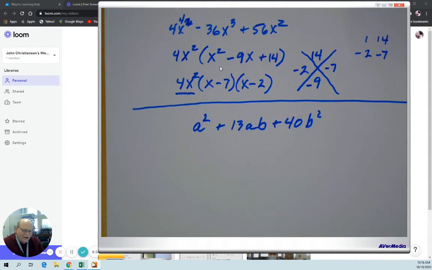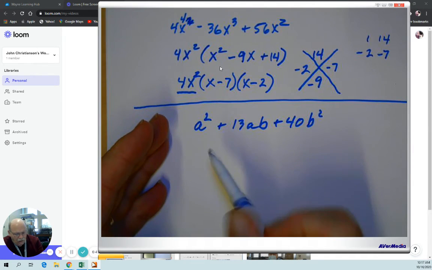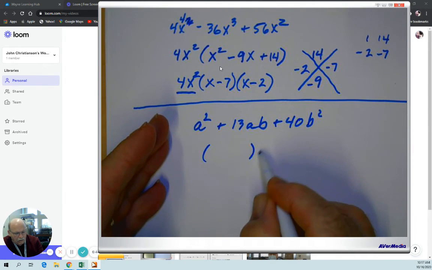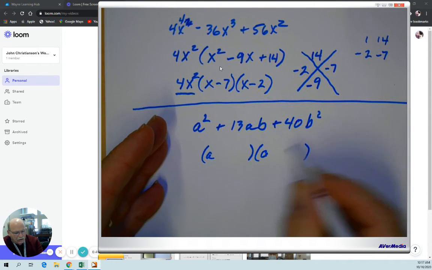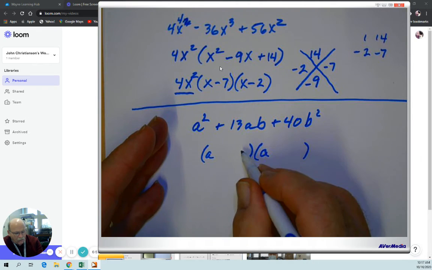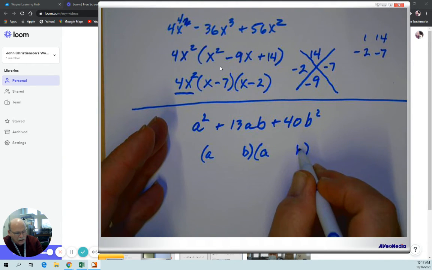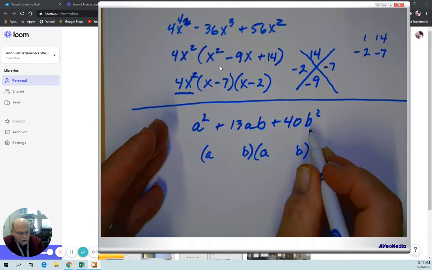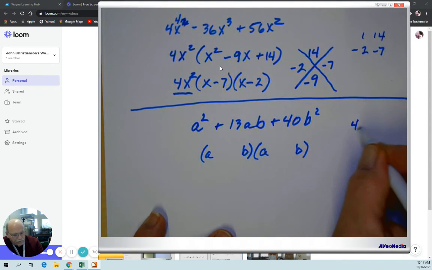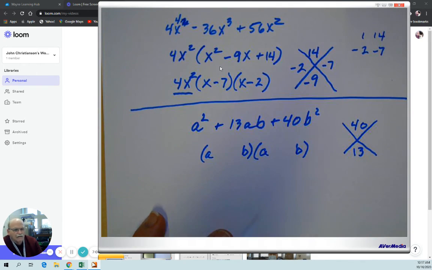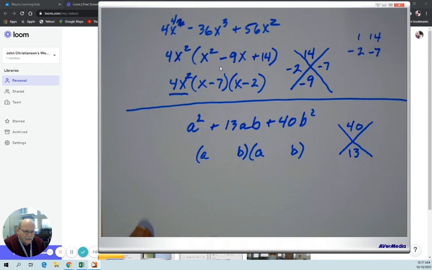Now, if you think about what that means, at the very beginning of each of my binomial factors, I'm going to have an a, and the very last thing in each of my binomial factors will be a b, because b times b is b squared, right? And then all we have to be concerned with is what are the factors of 40 that add up to 13.